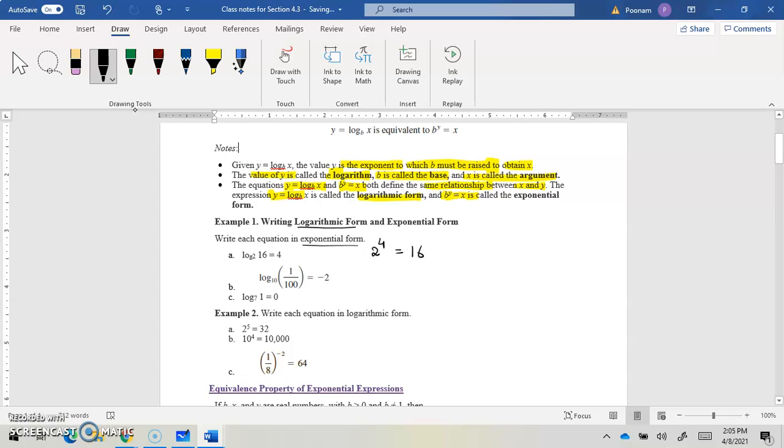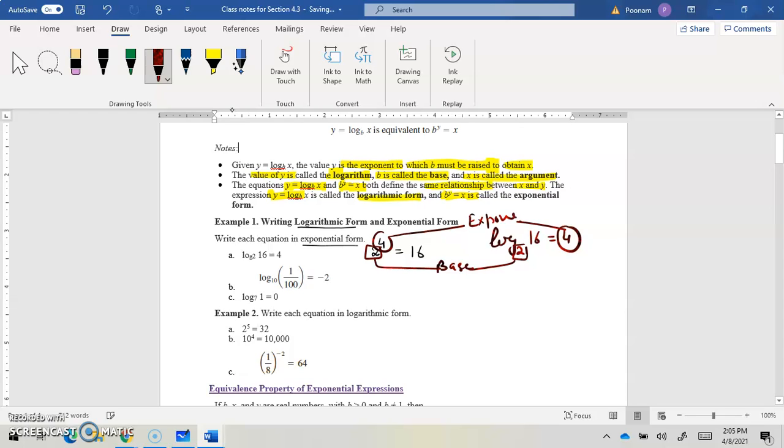So in the expression log base 2 of 16 is equal to 4, this 2 is the base, and the 4 is the exponent, and 16 is the argument.